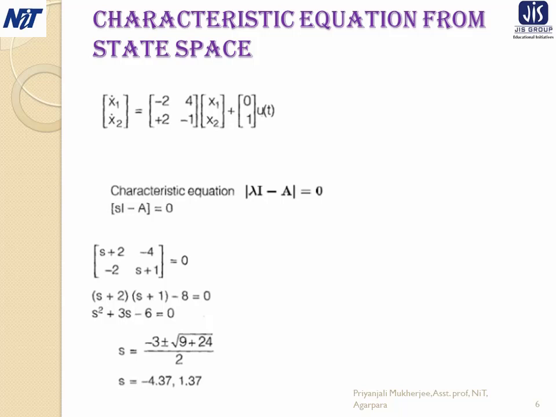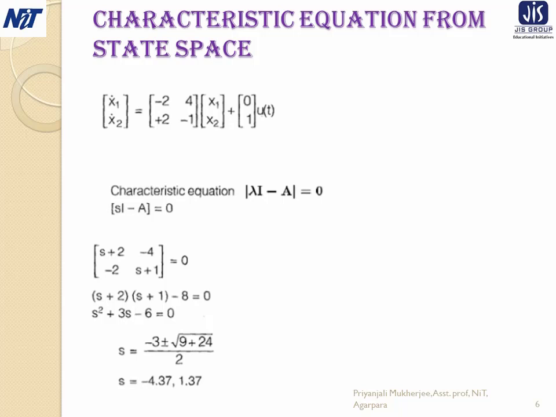This is the state equation, and the system matrix or A matrix is [-2, 4; 2, -1]. To find the characteristic equation, only the system matrix is sufficient. There is no requirement of knowledge of the B, C or D matrix.